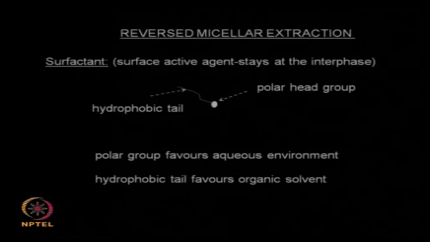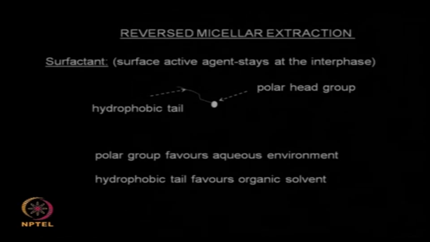Let us look at what is a micelle. Before that we will look at what is a surfactant, or a surface active agent. A surface active agent always stays at the interface, because you have a water layer and a solvent layer, and the interface is between them. The surfactant has a polar head group.